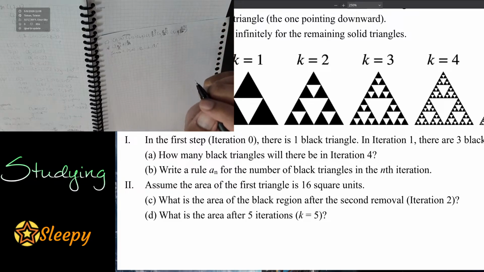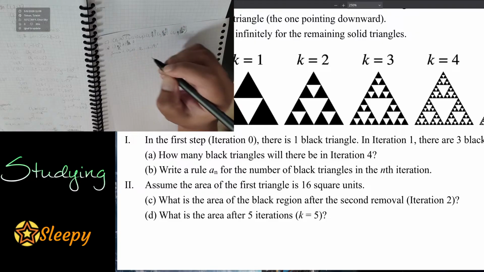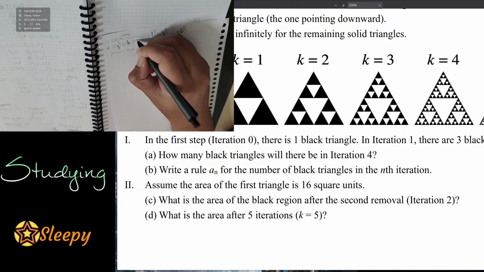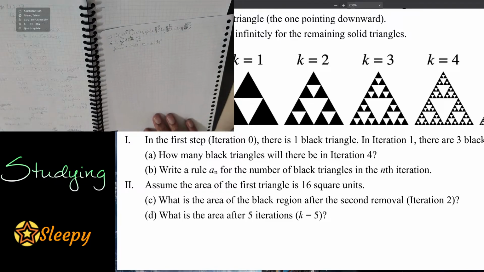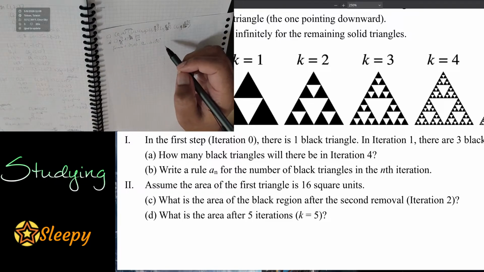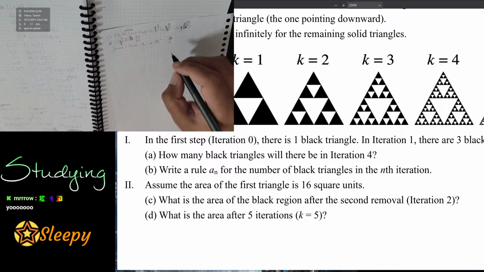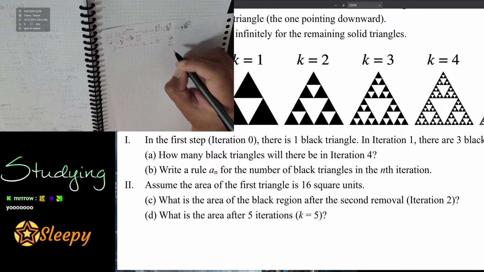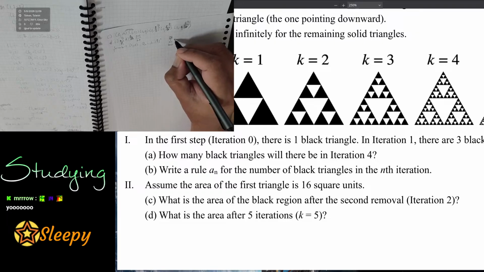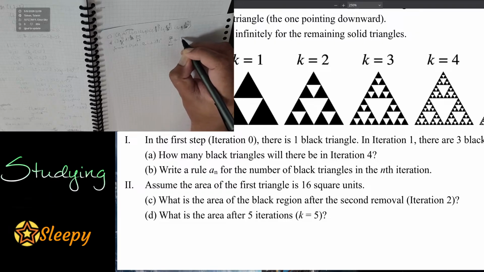All right, and a_n is 16 times three quarters to the power of n.